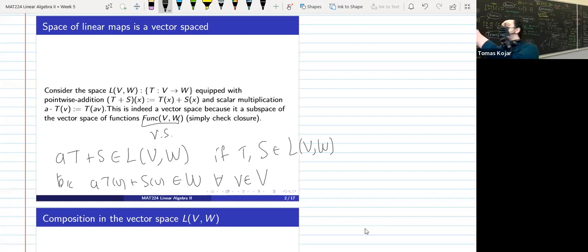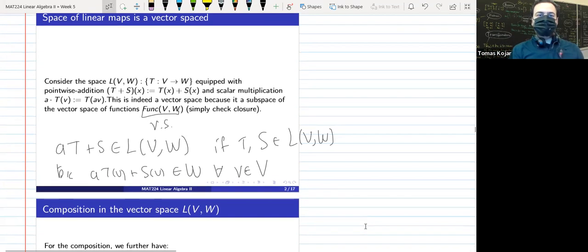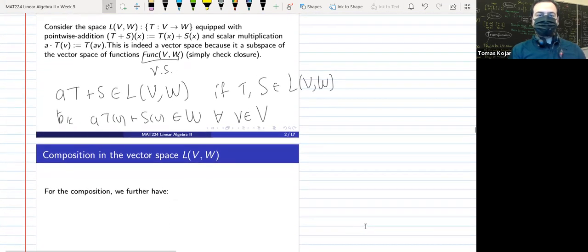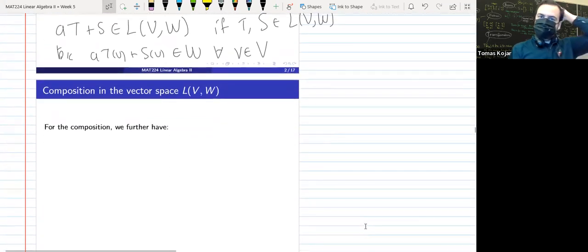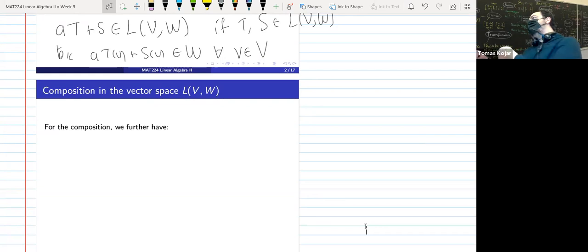So you can add the images. That's all; you just had to check the subspace criterion. So that's what we're working on: the space of linear maps. And we're going to talk about the multiplicative inverse and now the composition.